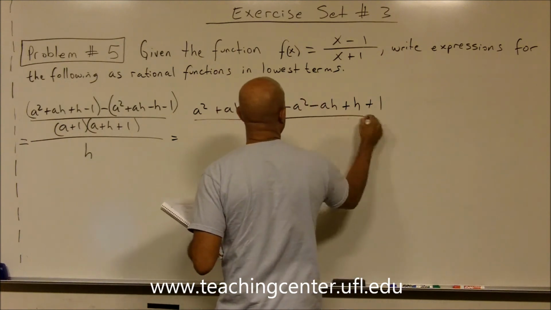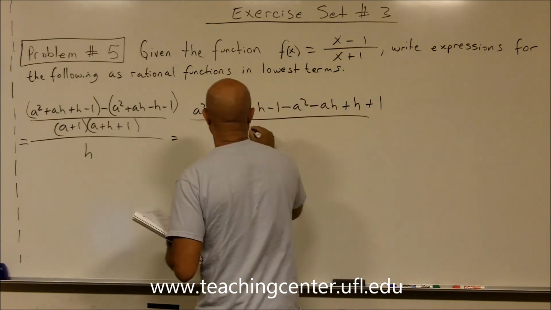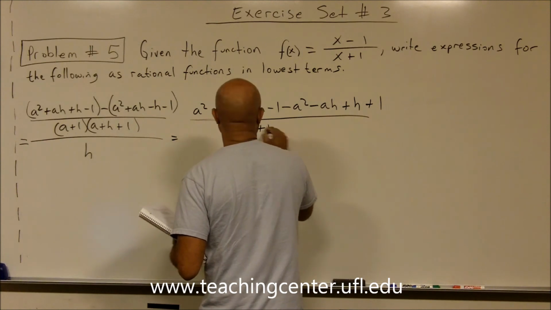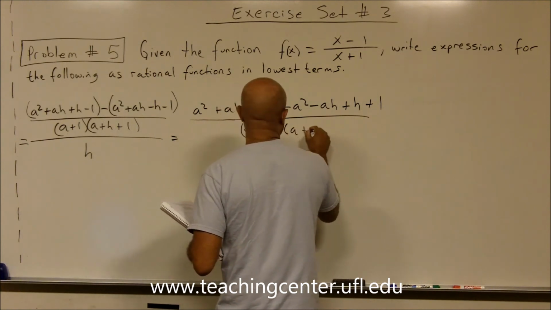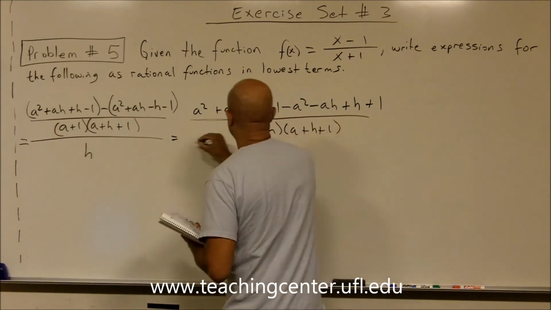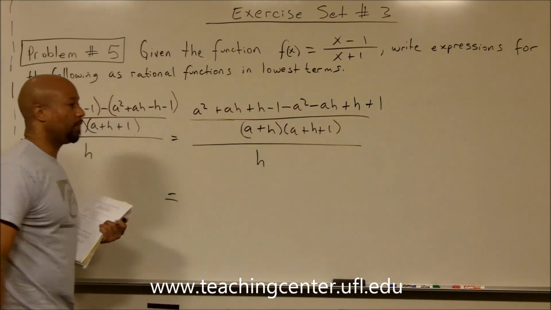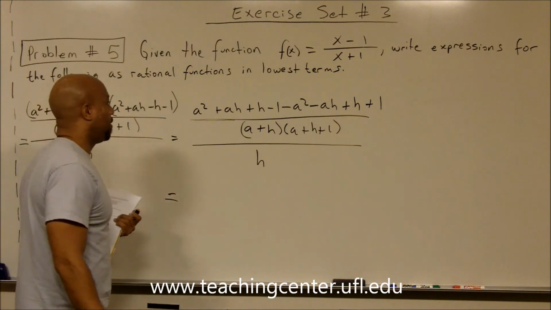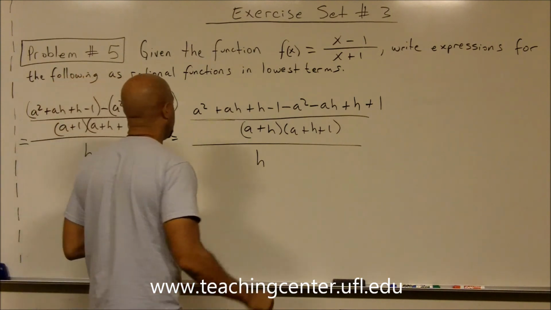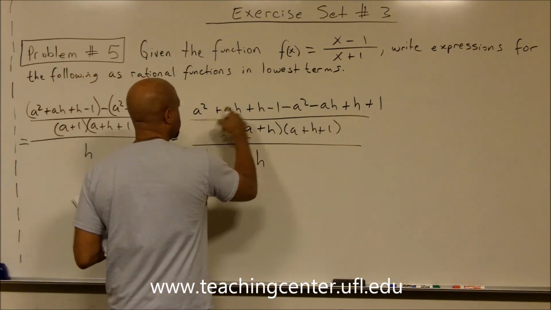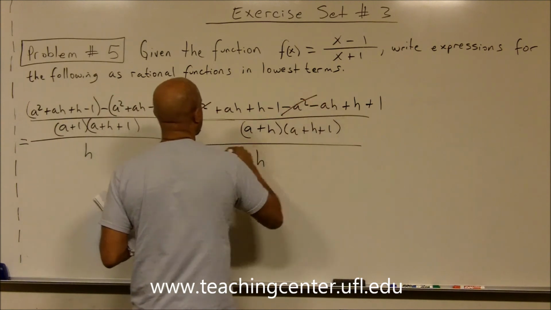And that's going to be divided by a plus 1 over a plus h plus 1, all over h. Okay? And we can simplify the numerator now. We have a positive a squared, negative a squared, those cancel.